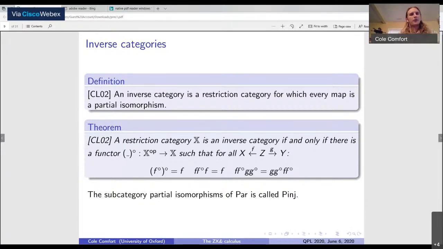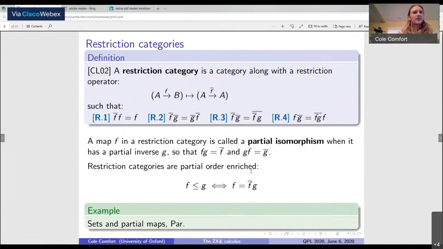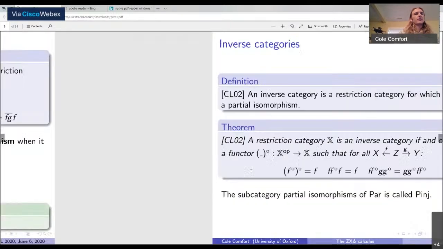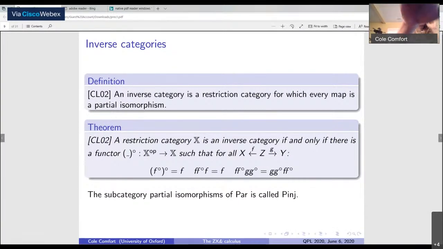If you look at the third equation, this is actually just R2 here, saying that the restriction idempotents commute with each other. So yeah, in this setting, this Dagger functor takes a map to its partial inverse. And the subcategory of partial isomorphisms of PAR is called PINJ, so sets and partial injections. That's where the name comes from.